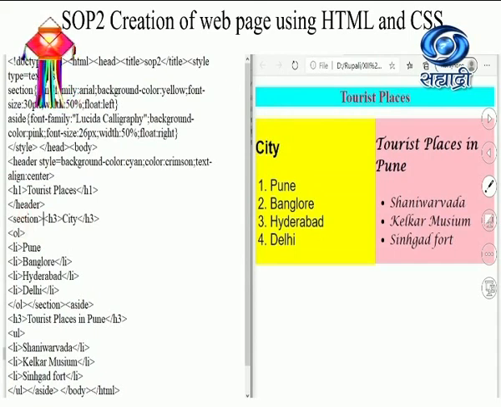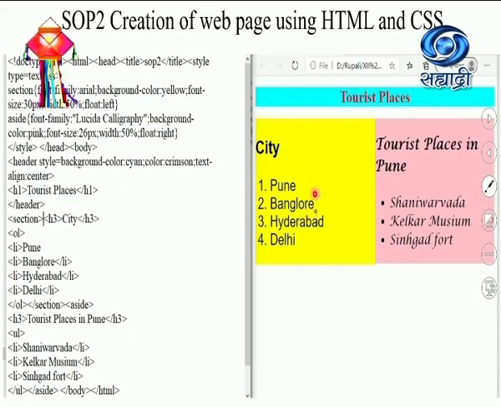And if you want to start numbering with some other digit, like four, then you may specify start equal to 4. So here I have mentioned a simple ordered list of the cities over here. Students observe, I have mentioned that inside the section tag. So for the section tag, I have mentioned that it should have the font Arial and it should have the background color yellow.